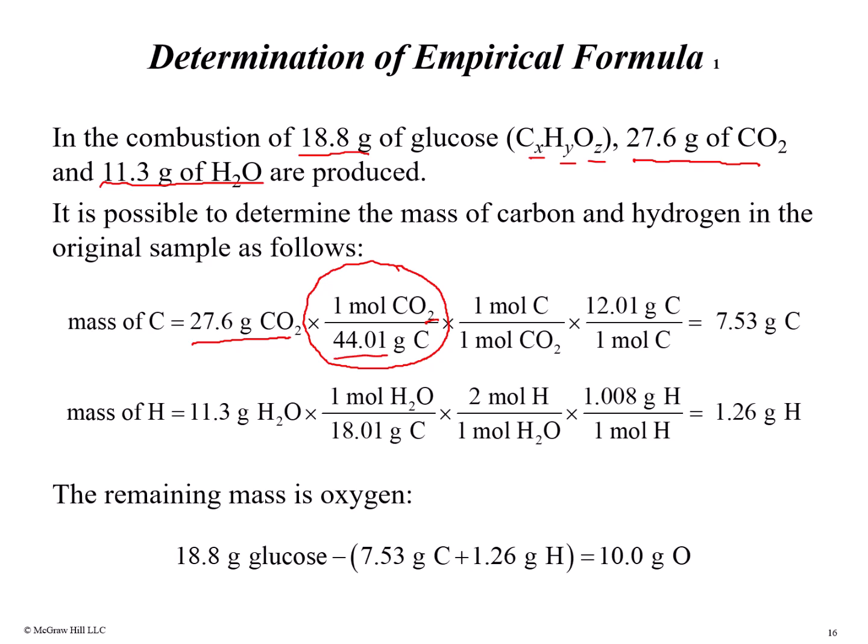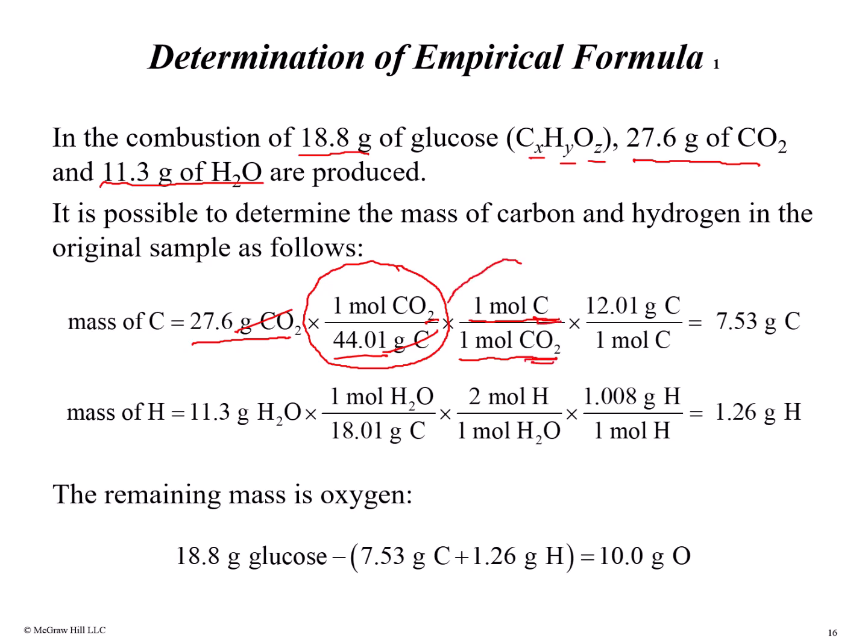Now, you know you set this up right because the grams of carbon dioxide are going to cancel out. You're going to be left with moles of CO2. Then, looking at CO2, for every 1 mole of CO2, you had to have 1 mole of carbon. For every 1 mole of this, you have 1 mole of carbon. This is called a mole-to-mole ratio.